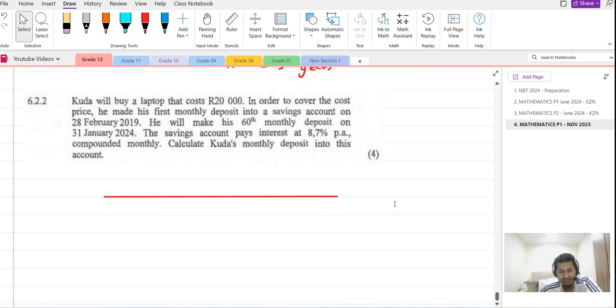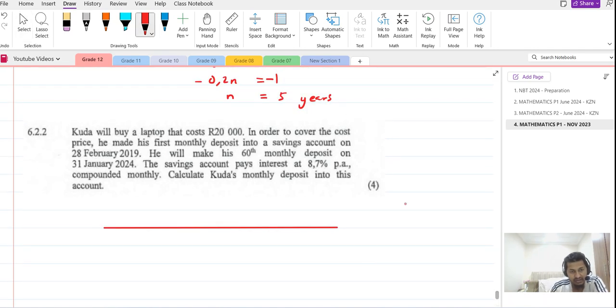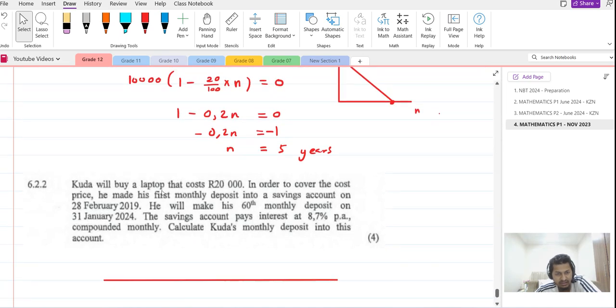Right, so what's happening here is Kuda will buy the laptop that costs 20,000 in order to cover the cost price. He made his first monthly deposit into a savings account on 28th February 2019.